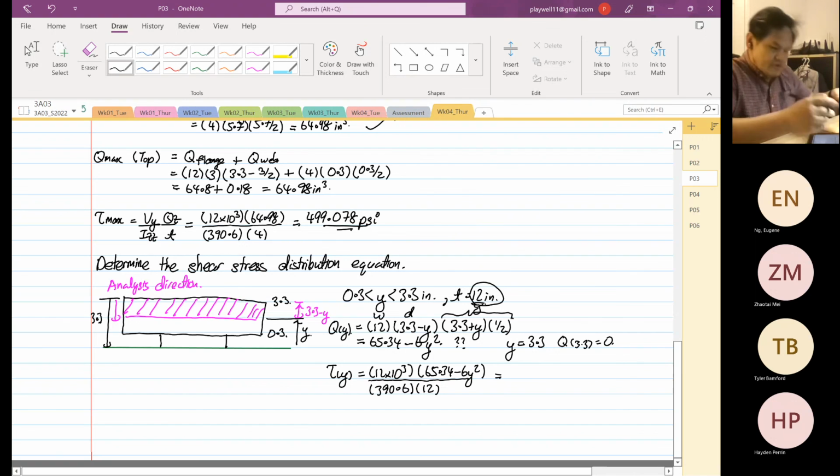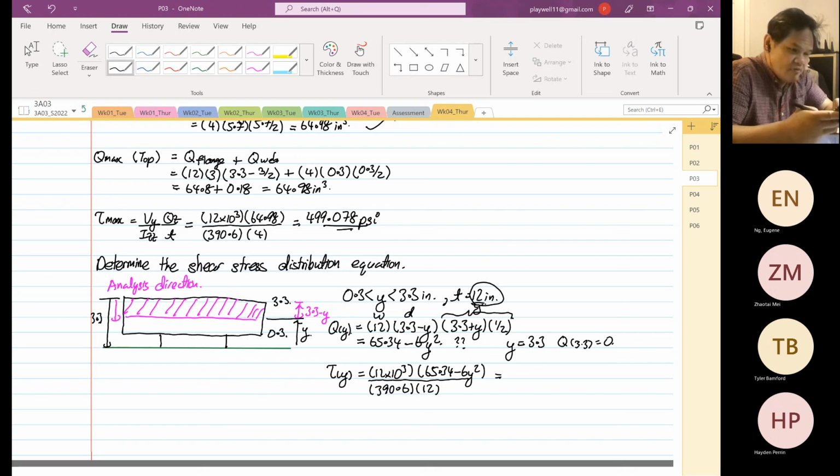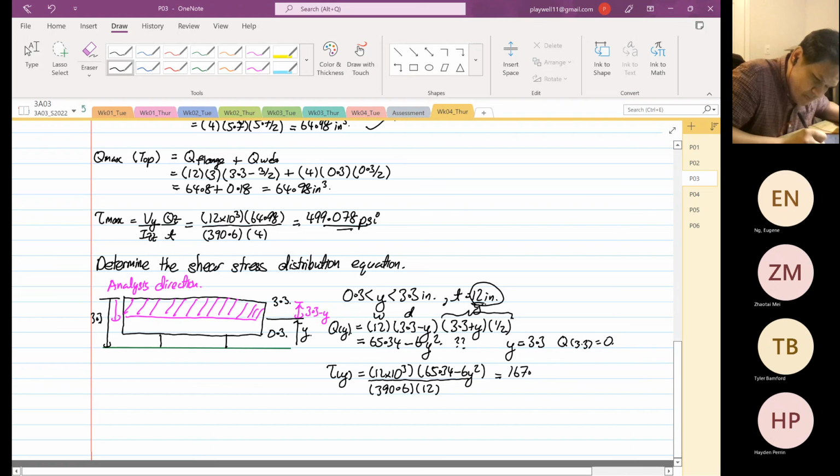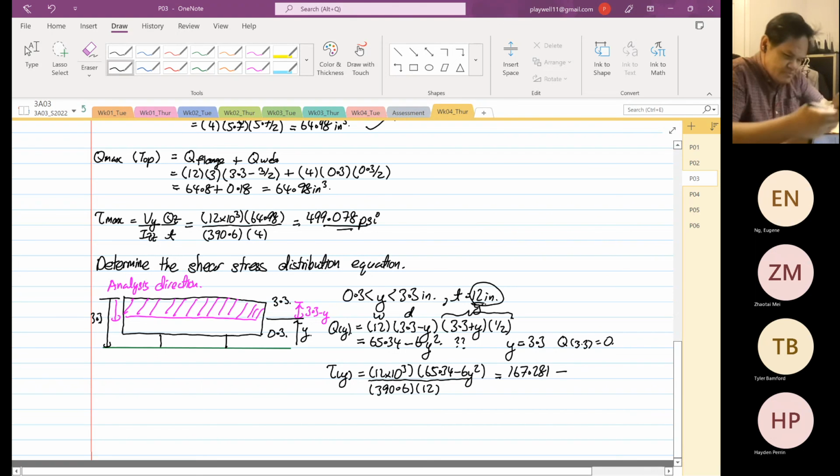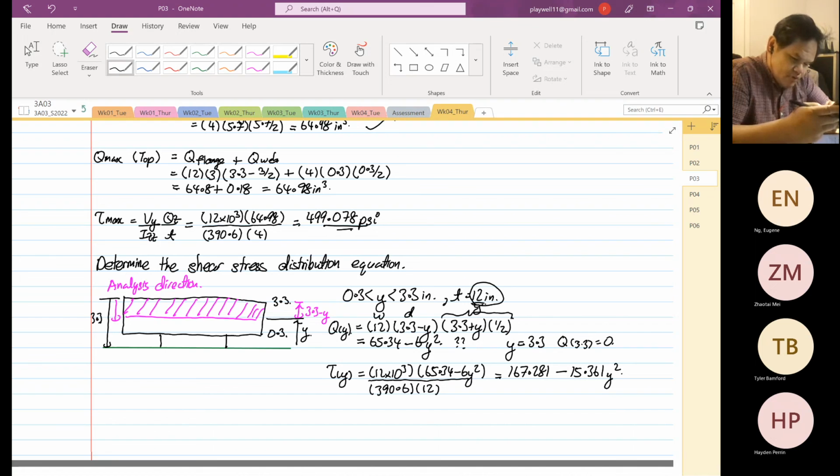So this equals 12 times 10 to the power 3 times 65.34 divided by 390.6 divided by 12, which is 167.281, minus 12 times 10 to the power 3 times 6 divided by 390.6 divided by 12, which is 15.361, times y squared.